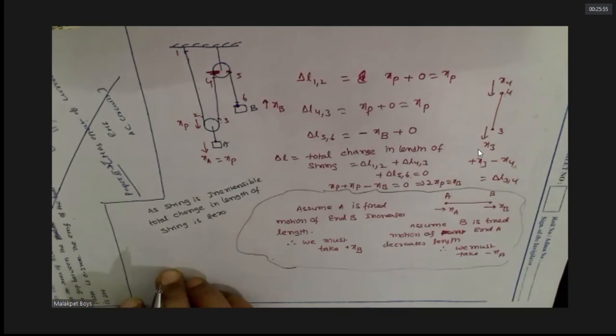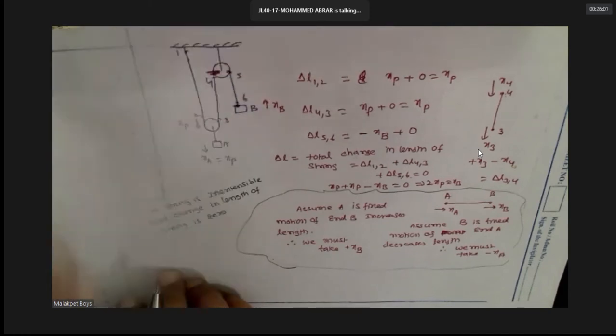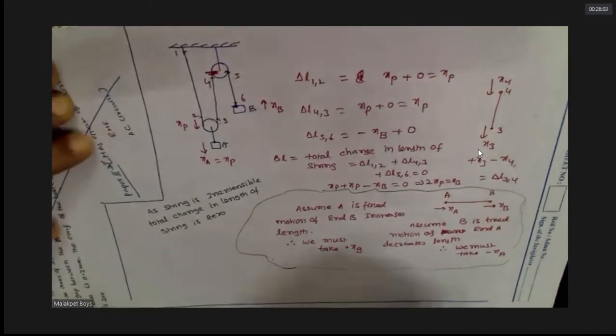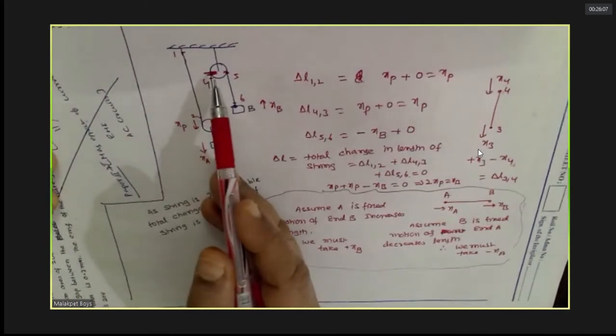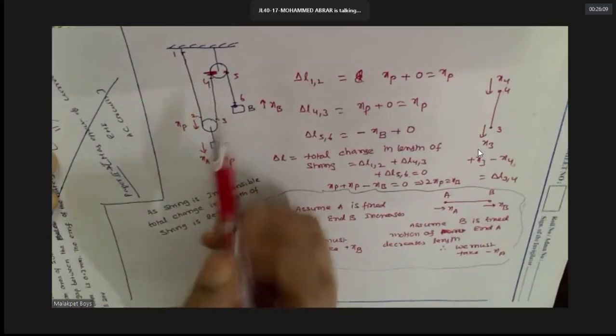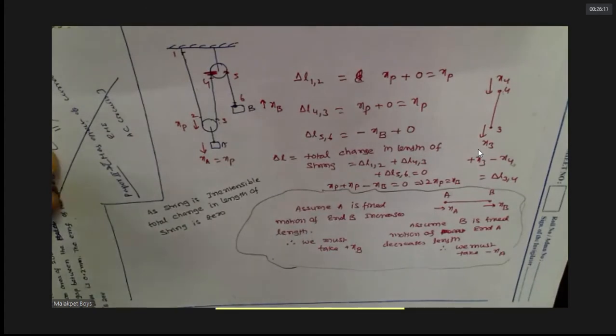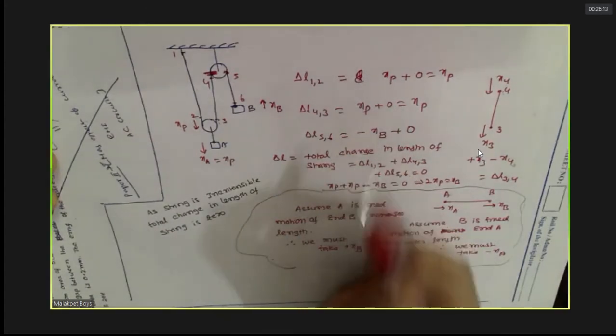If a string is moving from a fixed point, it means it is decreasing its length. Many don't understand this. This point is not at all moving. That means it's fixed. That's why 0. That's why I taken 0.